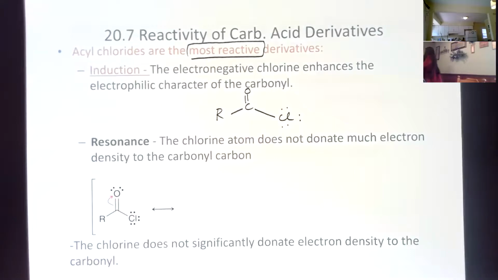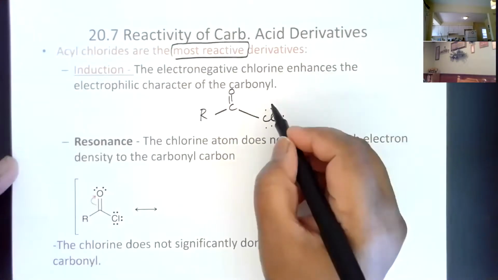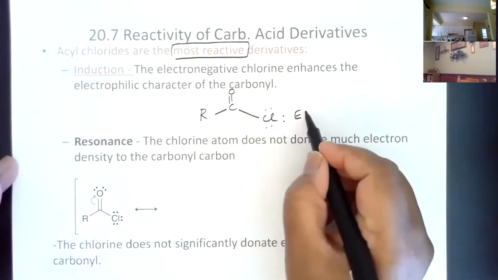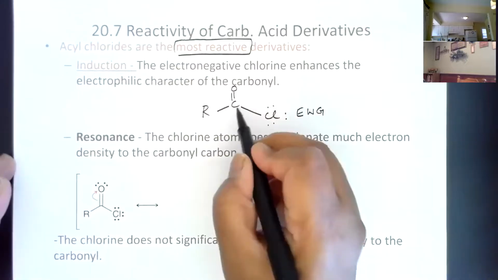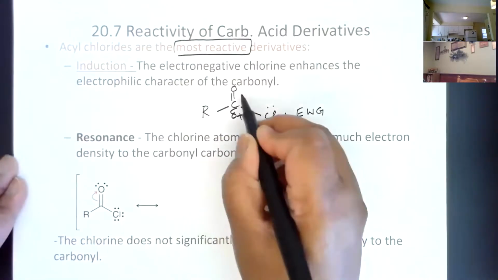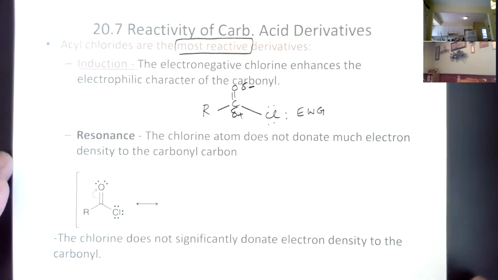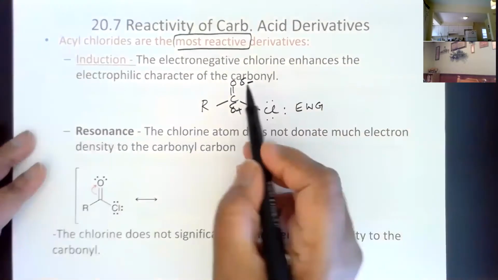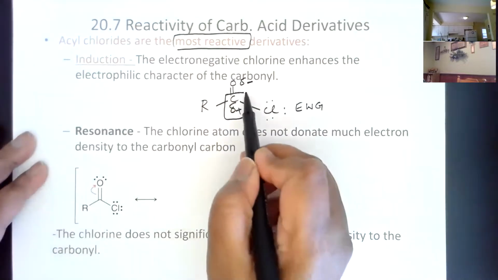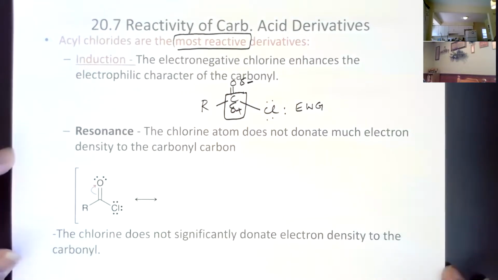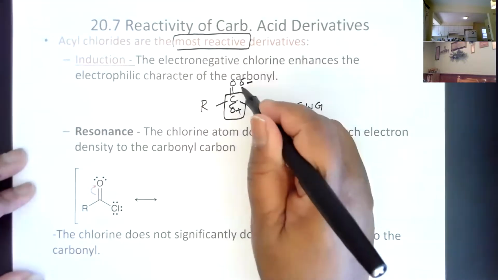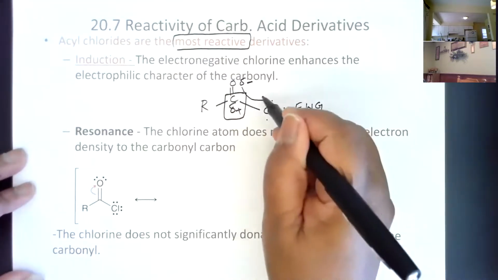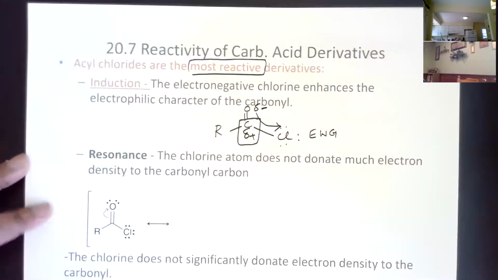you have an electron withdrawing group, right? This is delta plus, this is delta minus. So as it is, the carbon has less electron density, and this guy is pulling away whatever he can. Okay.